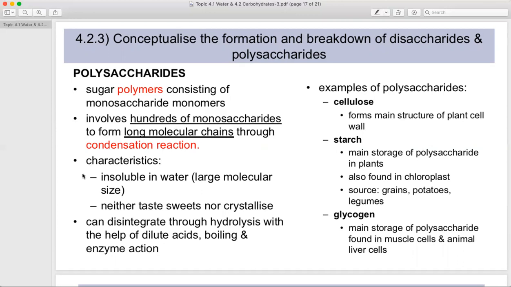So characteristic of polysaccharide, all polysaccharide adalah the non-reducing sugar and all of them insoluble in water. Okay, neither taste sweet nor crystalline, semua tak rasa manis dan juga tidak boleh membentuk kristal. Can disintegrate through hydrolysis with the help of dilute acid, boiling and enzyme reaction.